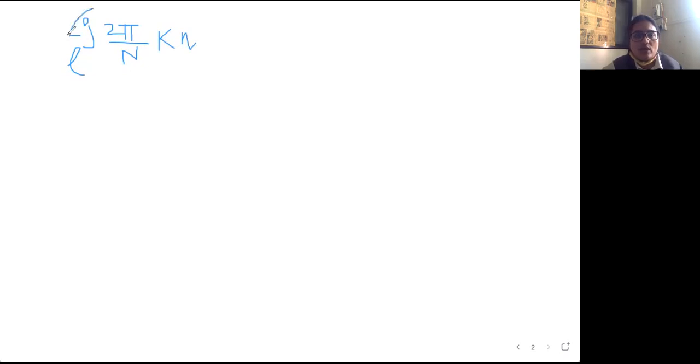Now we have represented this exponential part by using a W factor. The exponential part in the equation of DFT is e raised to minus j 2 pi upon n into Kn.